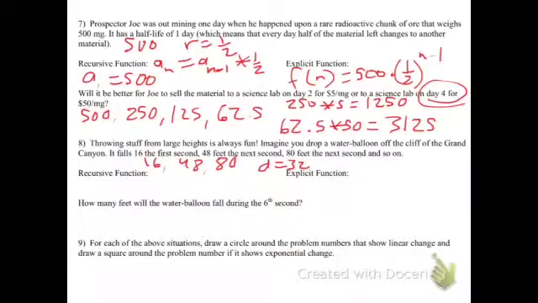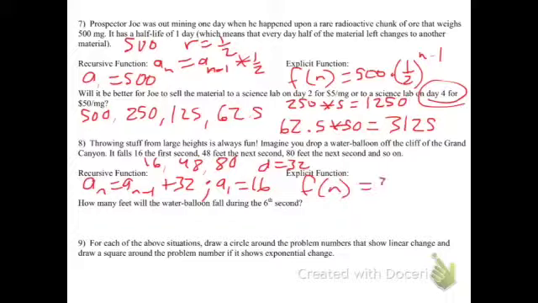So we got the crucial information we need. A sub n equals a sub n minus 1 plus 32, and then the initial value is 16. We can write our explicit function. It follows the arithmetic form because it's an arithmetic sequence. And we got that. How many feet will the water balloon fall during the 6th second?